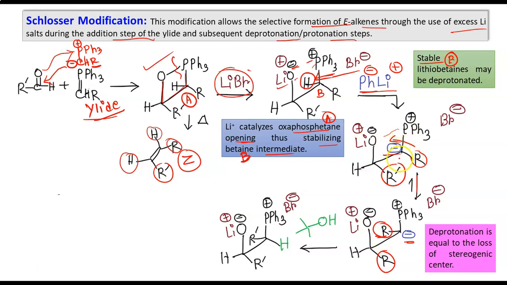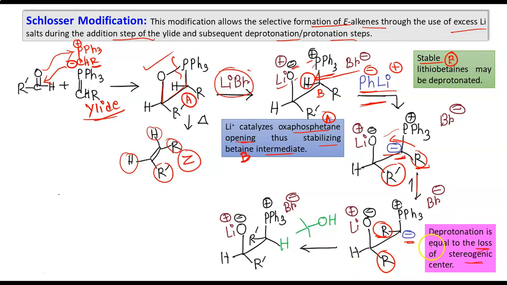Because here we have one stereogenic center, but after deprotonation and rotation it is lost. This is the purpose why we are using LiBr, and after that we are using some strong base like PhLi.